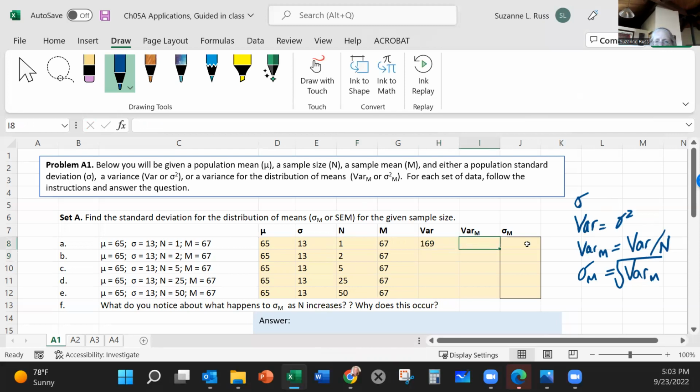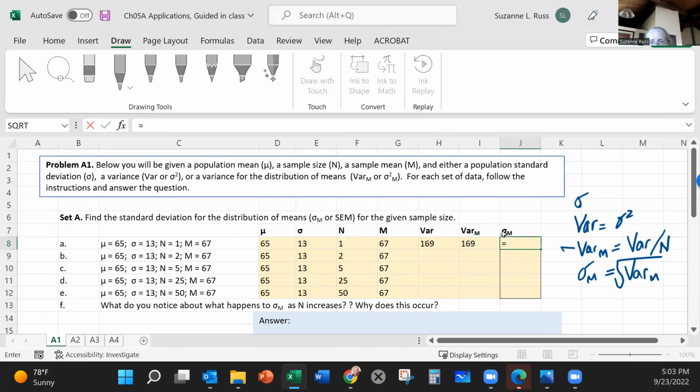Next, the variance for the distribution of means, we can see right here is the variance divided by n. So equals, we'll click on the variance and divide by n. And finally, the standard deviation for the distribution of means is the square root of the variance for the distribution of means.